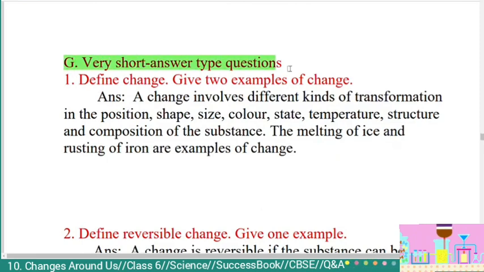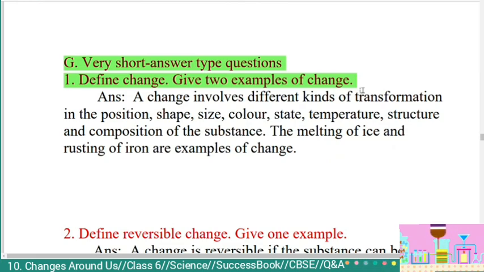Next main, very short answer type questions. First question, define change and give two examples of change. Answer, a change involves different kinds of transformation in the position, shape, size, color, state, temperature, structure and composition of the substance.